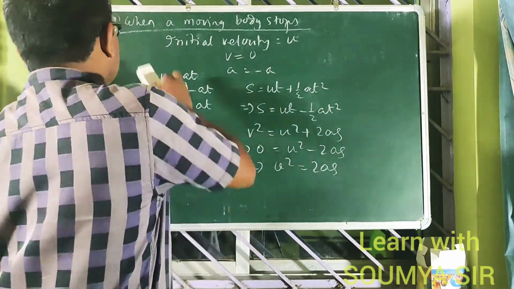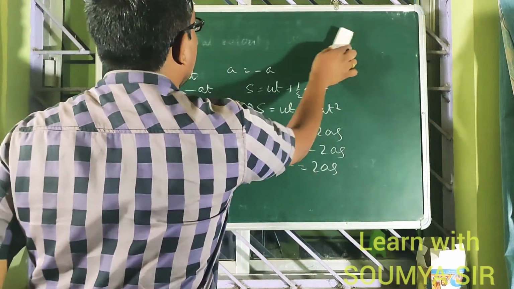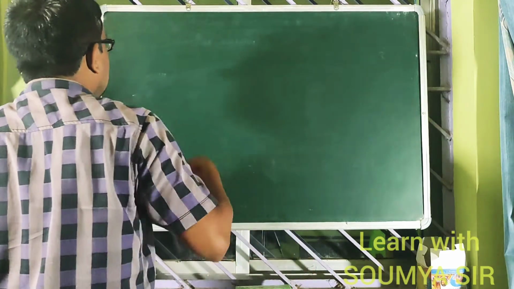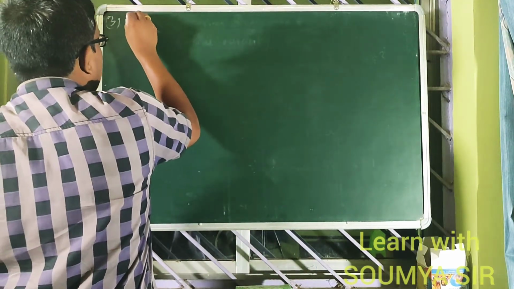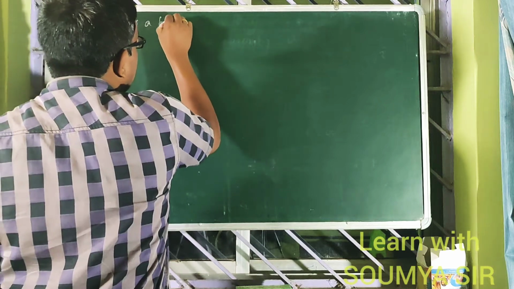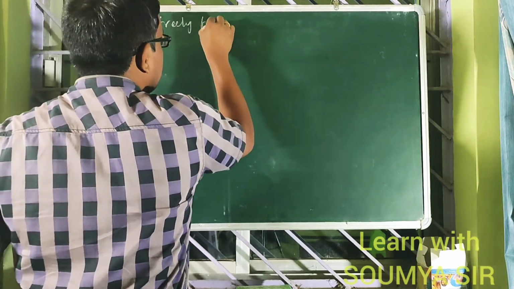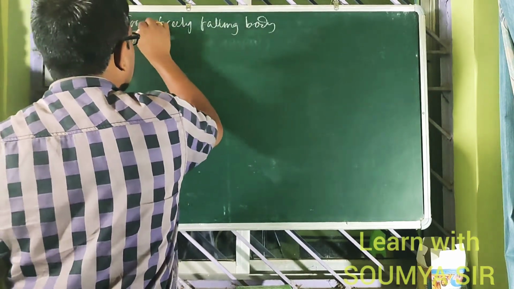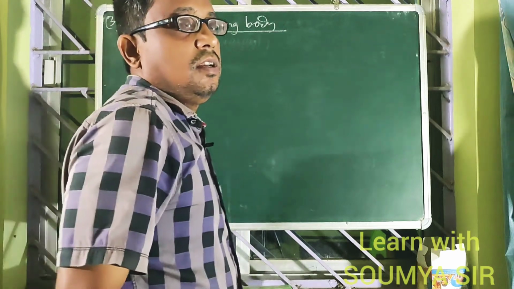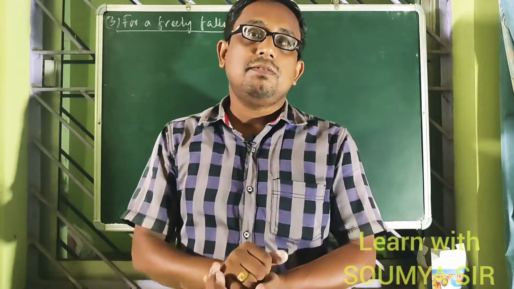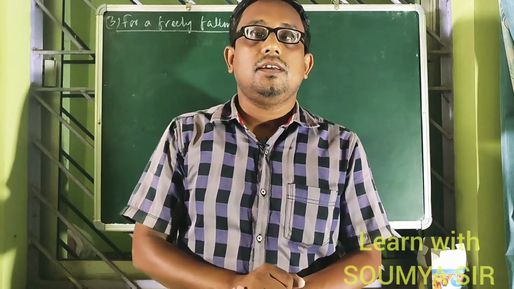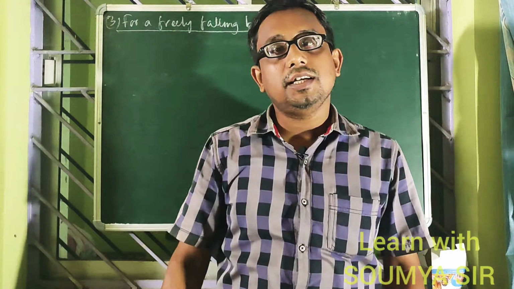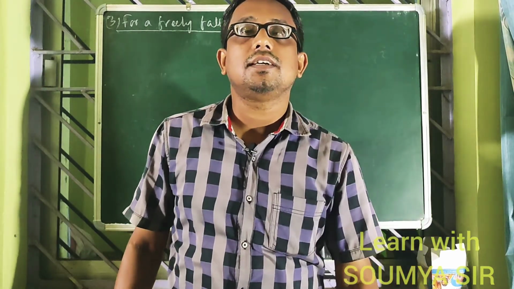Next case is case number 3, for a freely falling body. So when we consider the freely falling body, in order to make the body fall freely, we have to take the body up to a certain height.